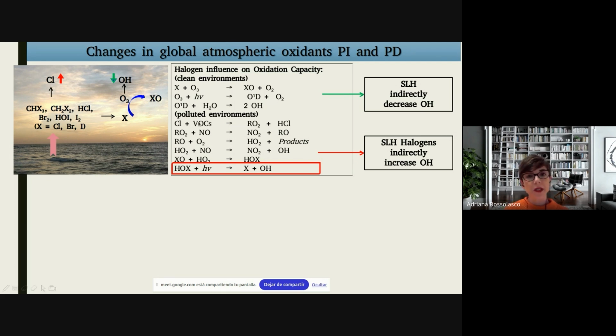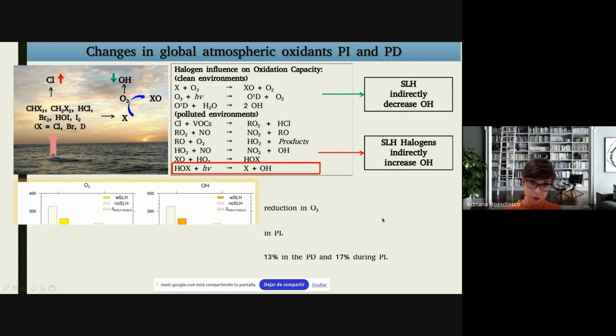For example, in clean environments, the halogens can deplete ozone, and this leads to a decrease of OH, but in polluted environments or continental regions, SLH can increase the OH formation, principally due to the photolysis of halogen acids and also the oxidation of VOCs that form ozone.